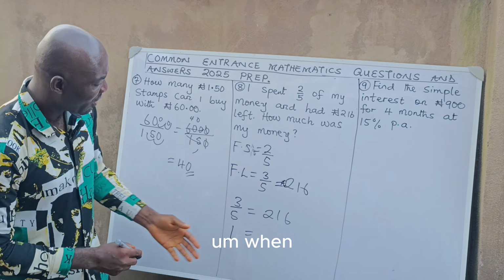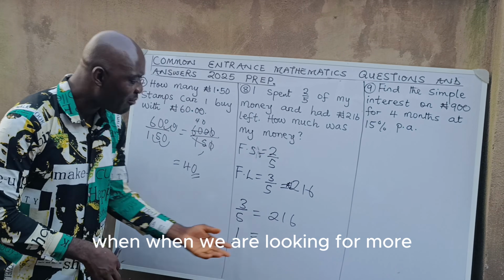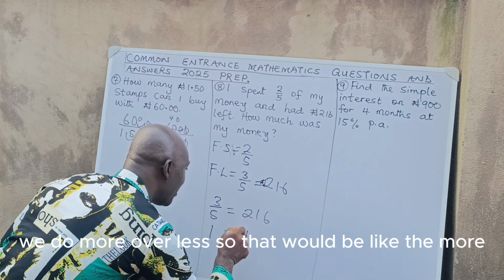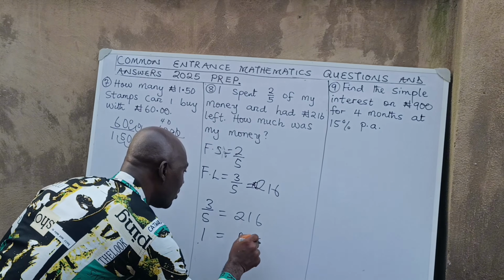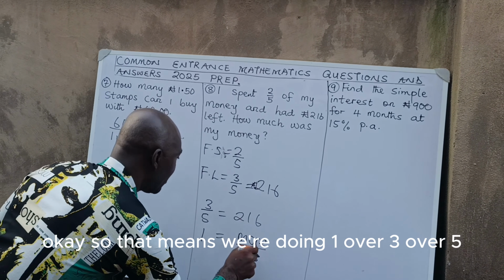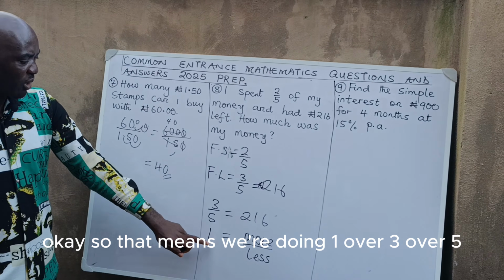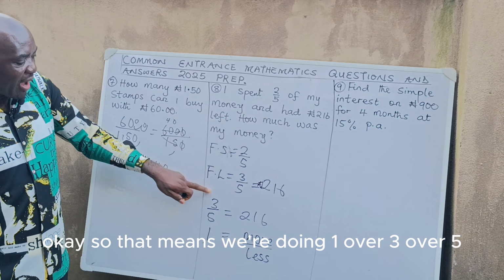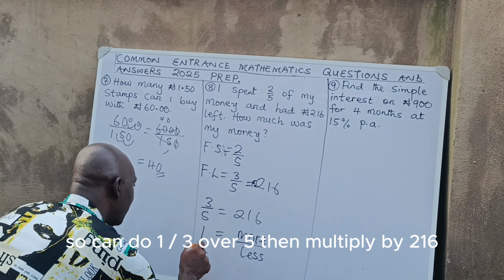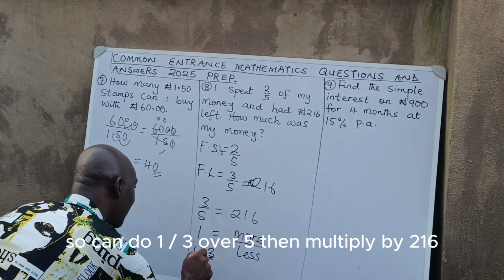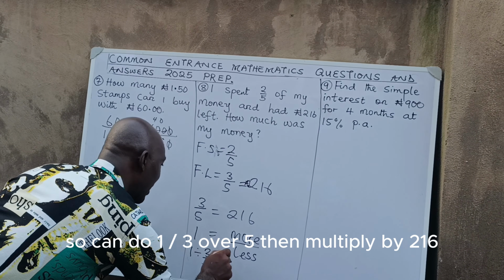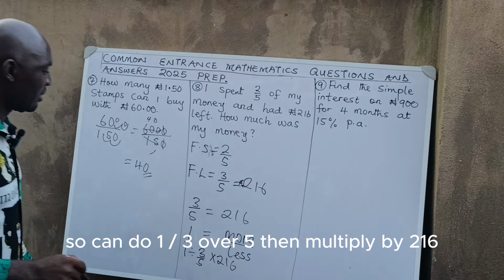So 1 whole will be equal to more. Okay. When we are looking for more, we do more over less. So that means we are doing 1 over 3/5. So we can do 1 divided by 3/5, then multiply by 216.